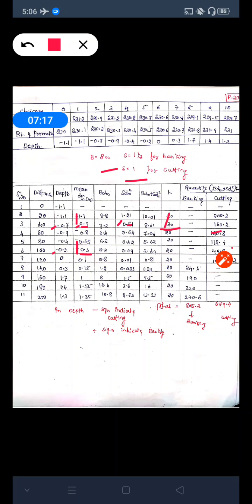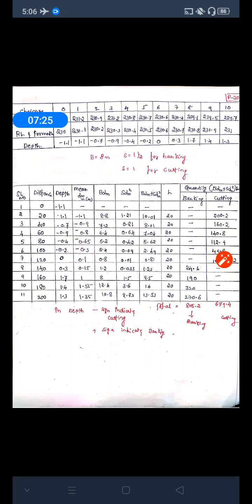Whereas when I come to the zero depth here, at chainage station 6, I got the zero depth. Then I found the mean value, 0.2 plus 0 by 2, then I got 0.1. For this 0.1 I multiplied by 8, then I got 0.8. Then S is 1, and 1 into 0.1 square I got 0.01.